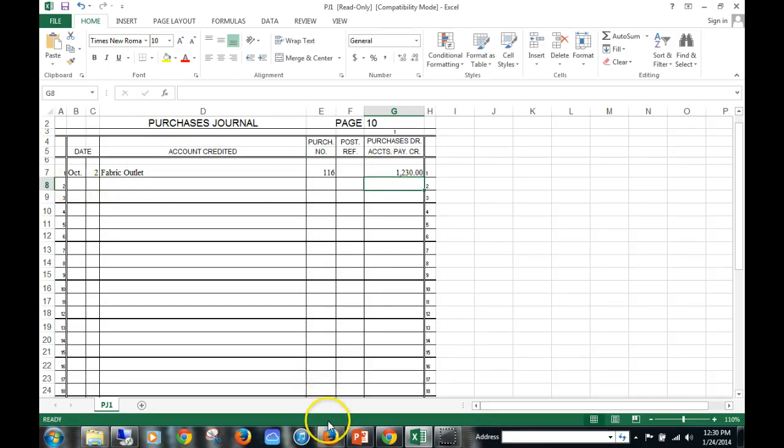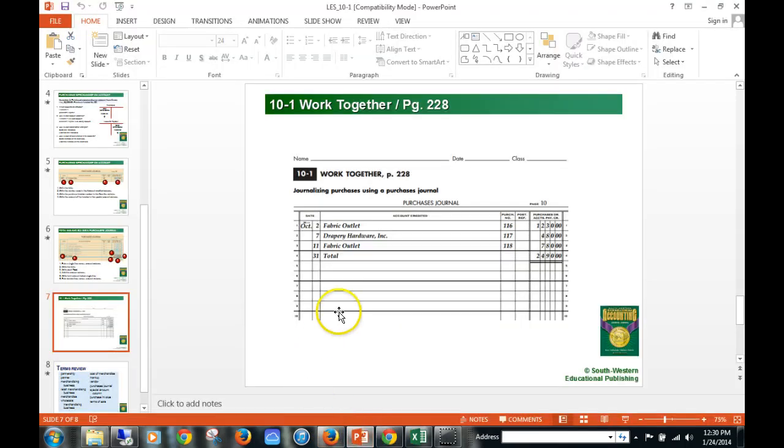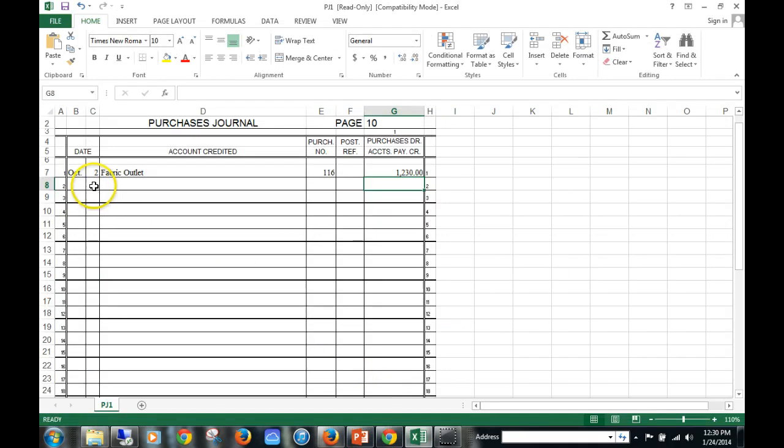Again, we don't have to write the month in again, because we're going to list the dates here. On the 7th, again, this is the work together on page 228, Drapery Hardware. Purchase number 117. $480.